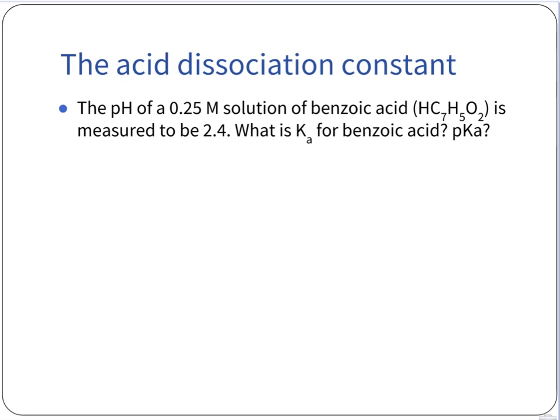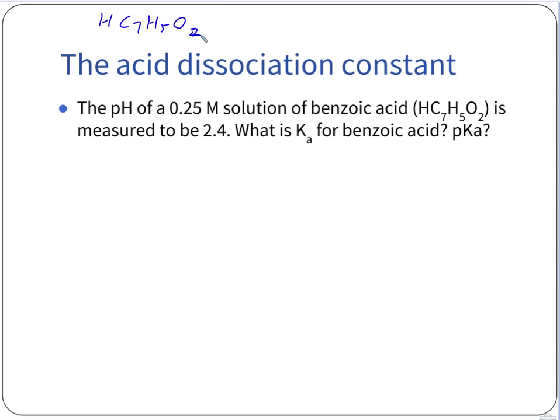So let's go ahead and write out our formula for this first. Benzoic acid is HC7H5O2.